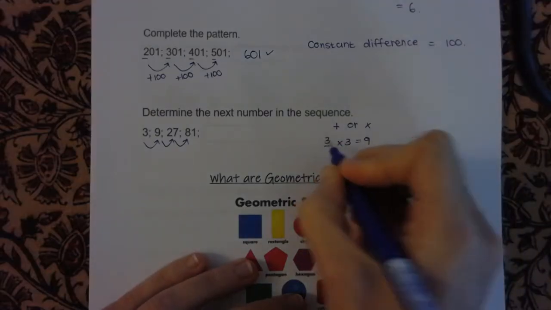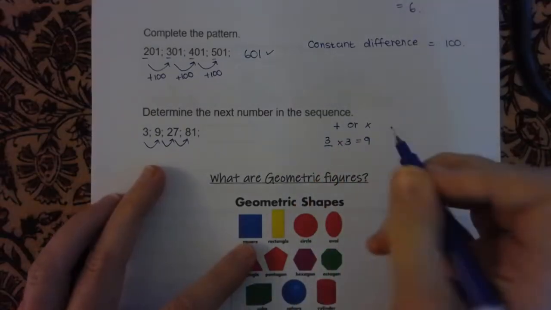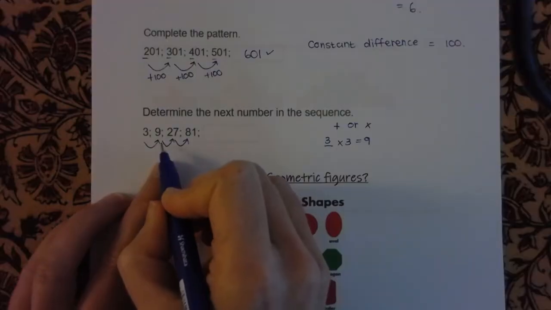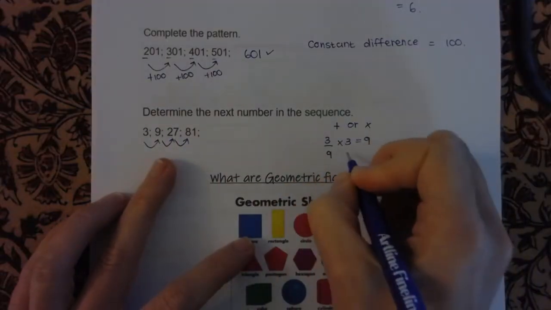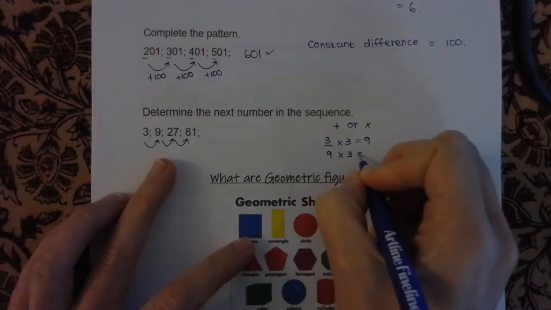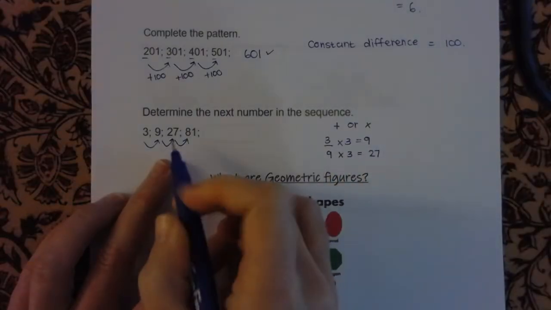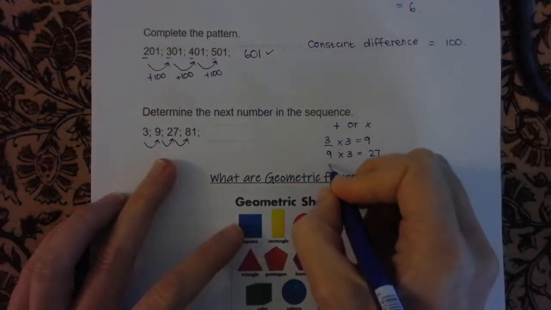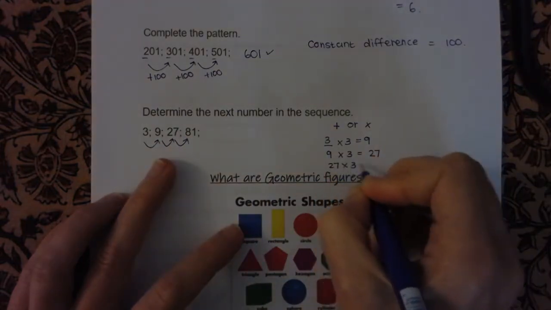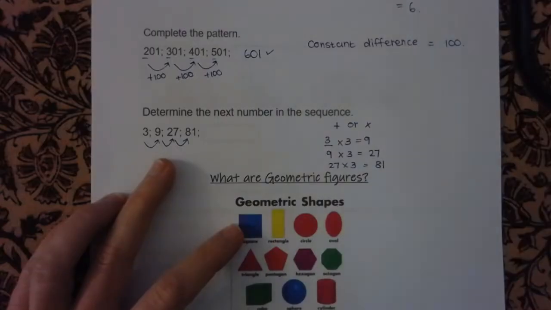And that would be 3 times 3. So then test it. Okay, will that work for the next number? So then say, okay, what's 9 times 3? That is 27, and you can see that will be the third number. And then 27 times 3 equals 81.